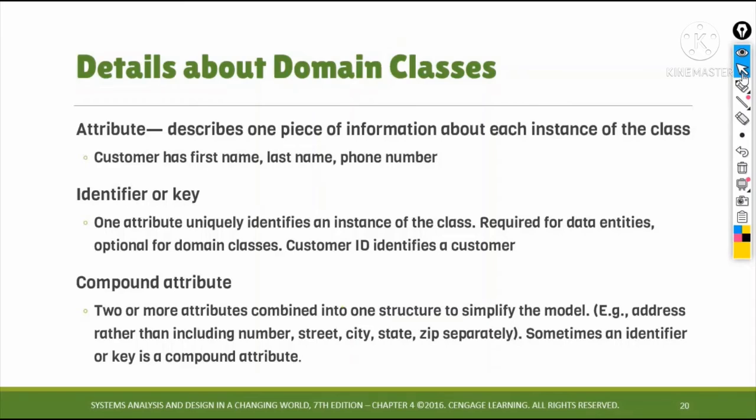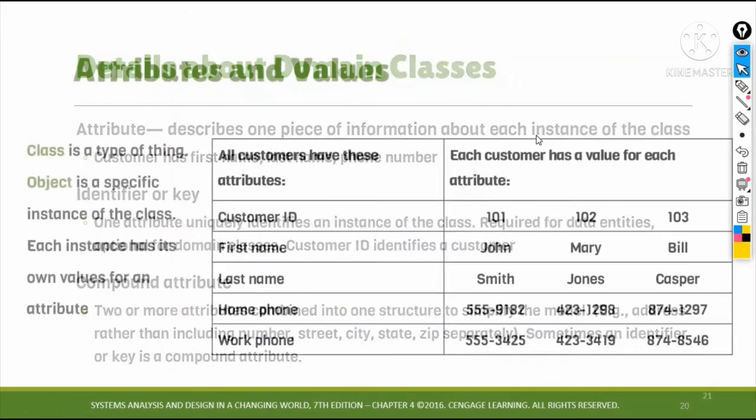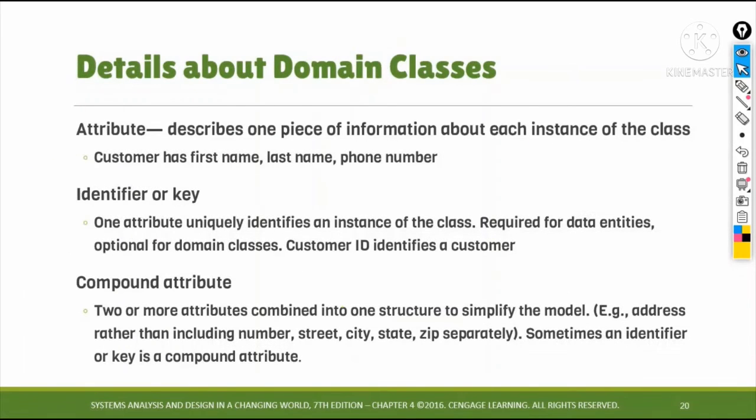A system may also need to remember many similar attributes. For example, a customer has several names. What I mean by that is that the customer has a first name, middle name, and last name, and also possibly a nickname.